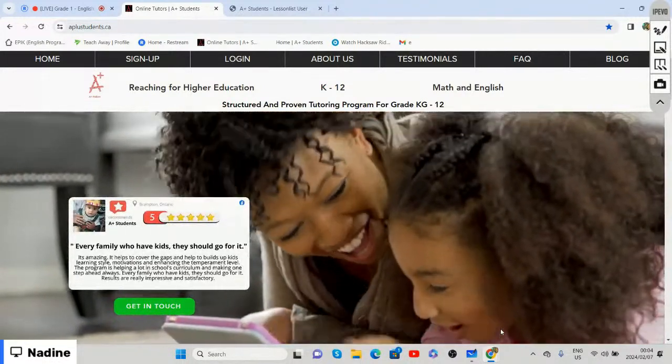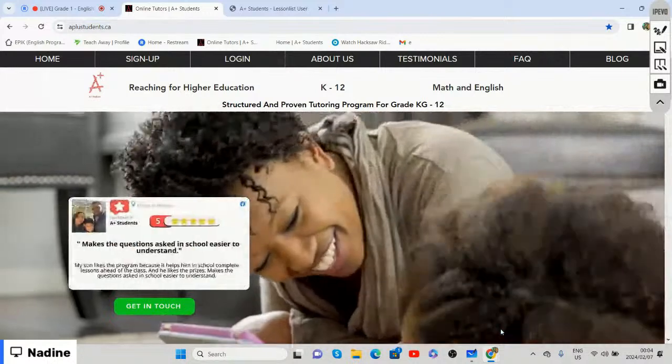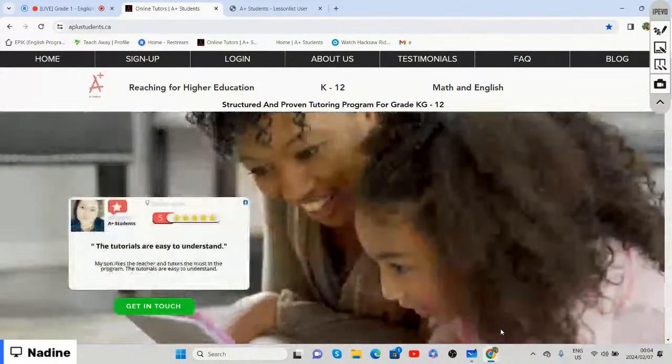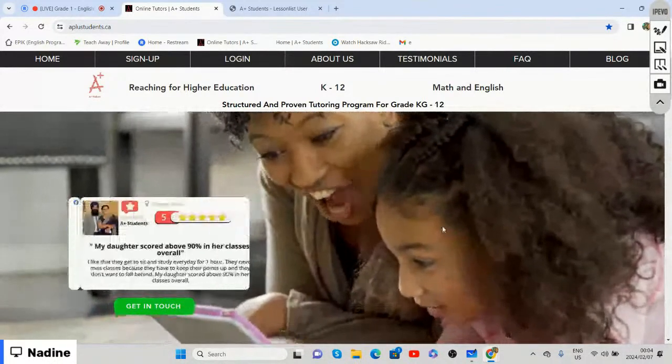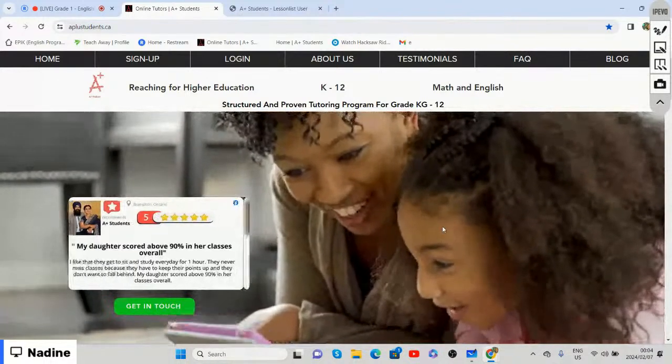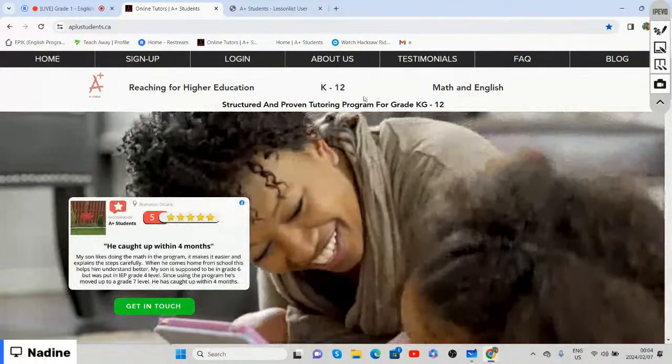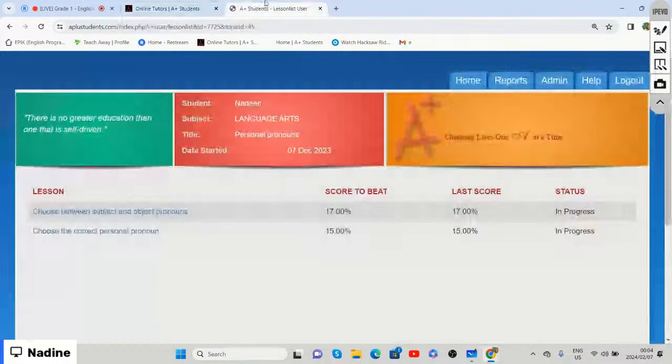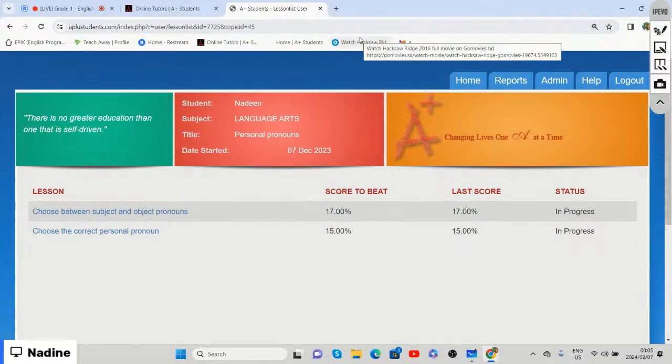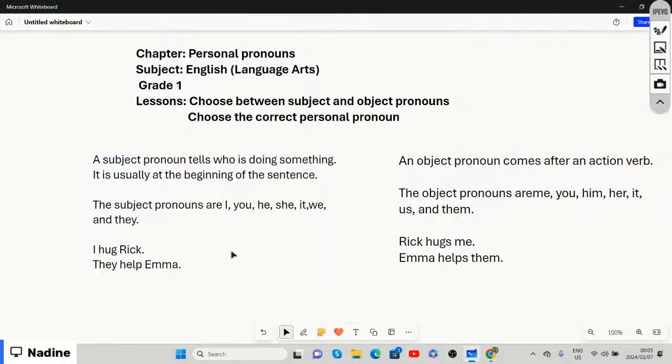Once you've selected the subject of language arts grade 1, we're going to scroll down until we get to the chapter of personal pronouns. So our chapter is personal pronouns.